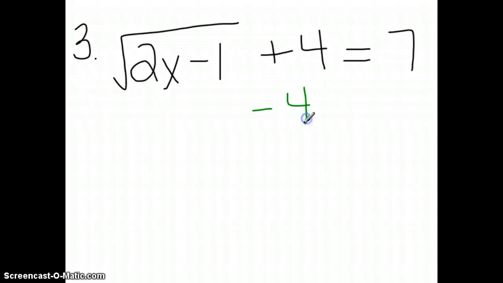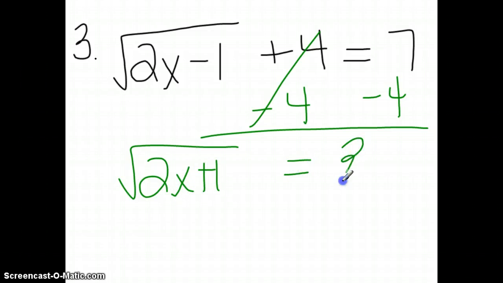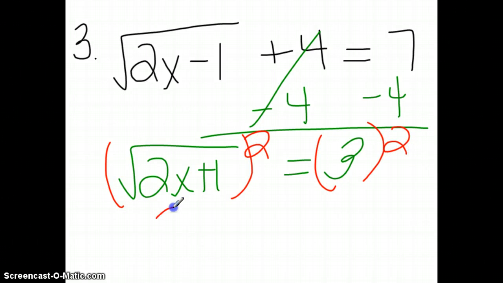Good, I'm going to subtract 4 on both sides. And I get the square root of 2x plus 1 equals 3. Now, what do I do to cancel out my radical? Good, you're going to square it. And you get 2x plus 1 equals 9.